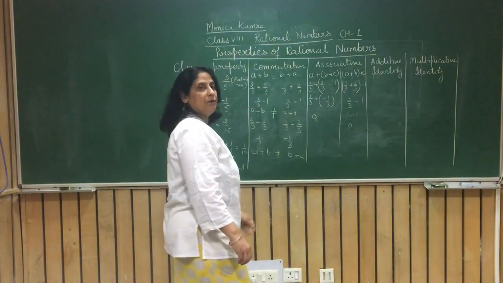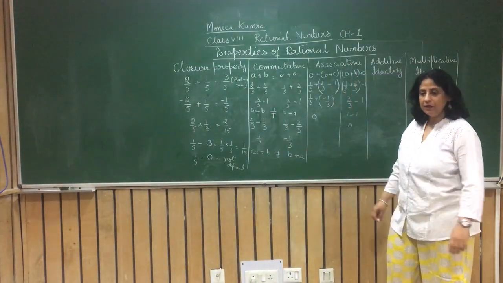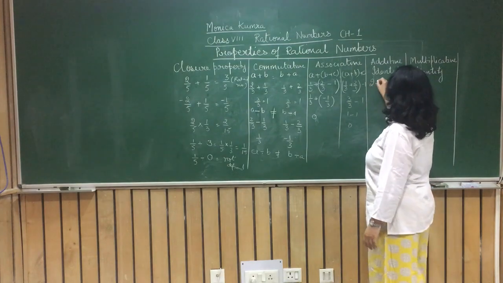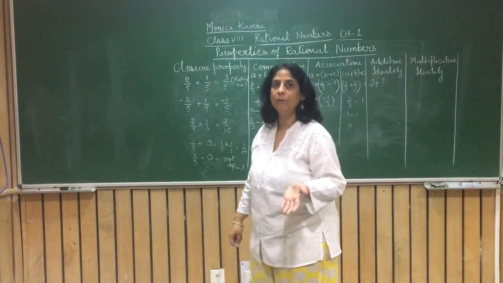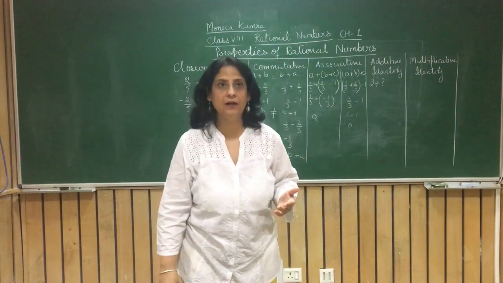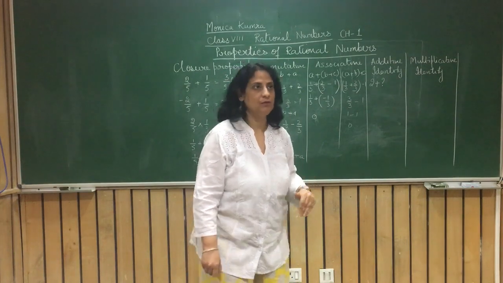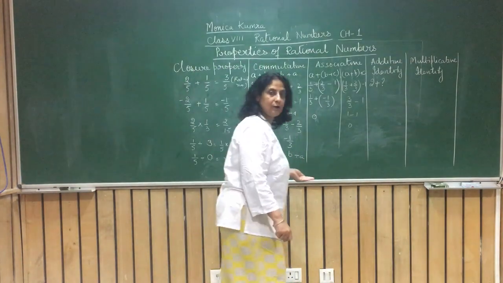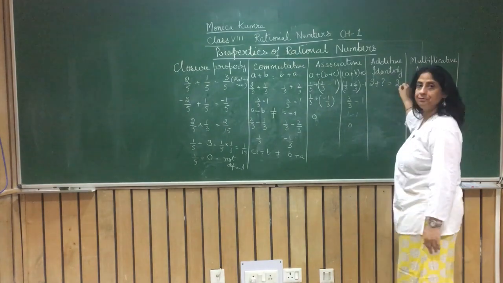Now what is an additive identity? Additive identity means if you are adding something to any number, you are getting the same number back. Additive means addition and multiplicative means multiplication. So what should be added to 2 so that you get 2 back?